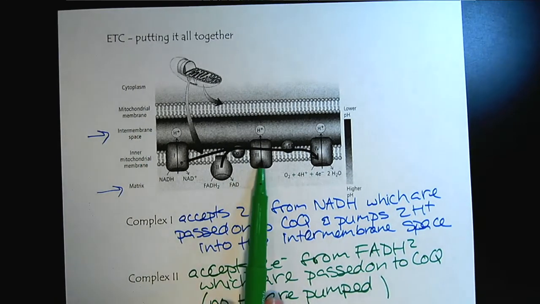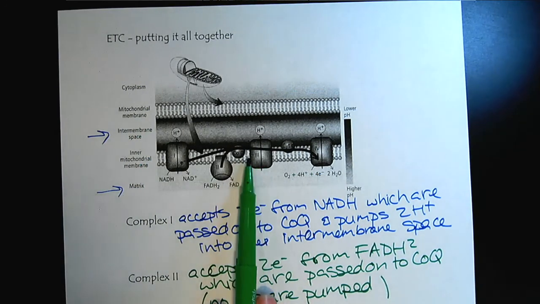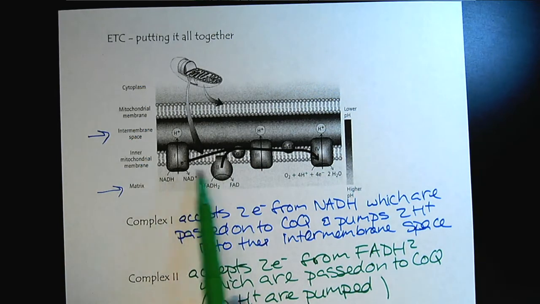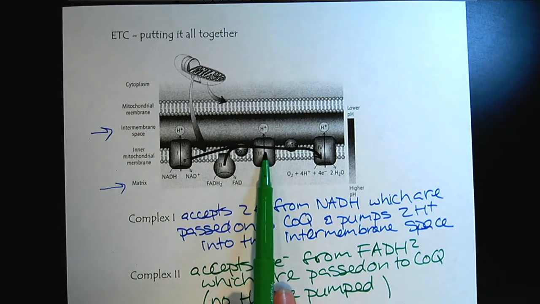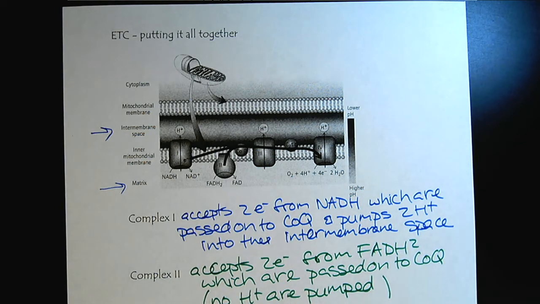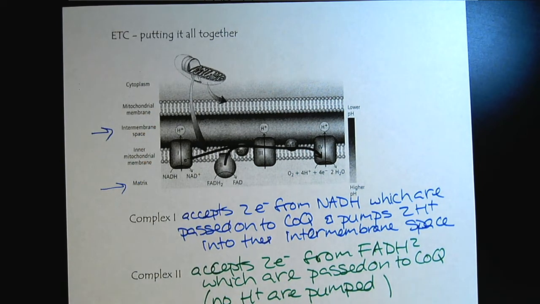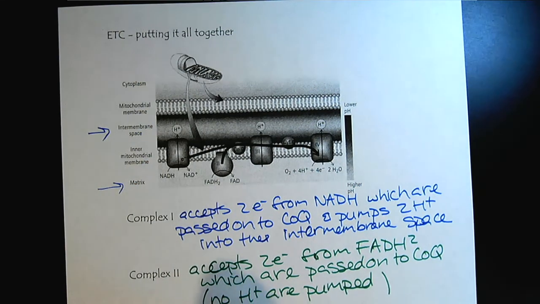Okay, so now the paths converge. Coenzyme Q, regardless of where it receives the electrons, is going to pass them on to complex 3. Complex 3 accepts the electrons from coenzyme Q and transfers them.